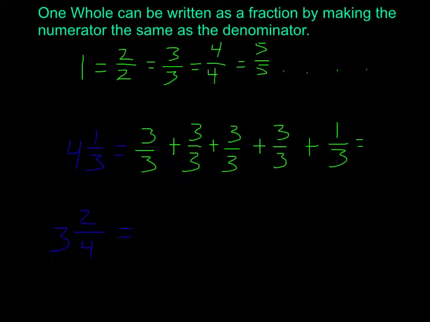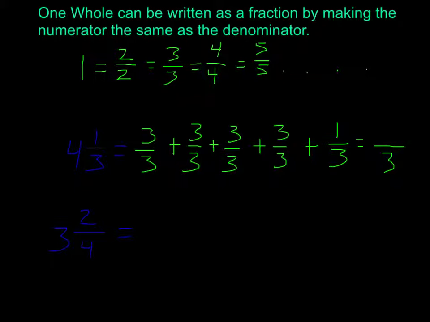Now when we're adding fractions, our numerators are what we add. Our denominators stay the same. So my denominator is going to be a 3. My numerator is then going to be adding.